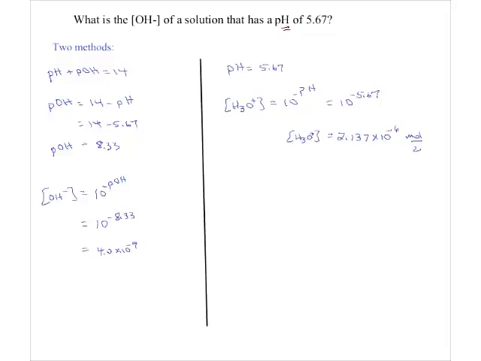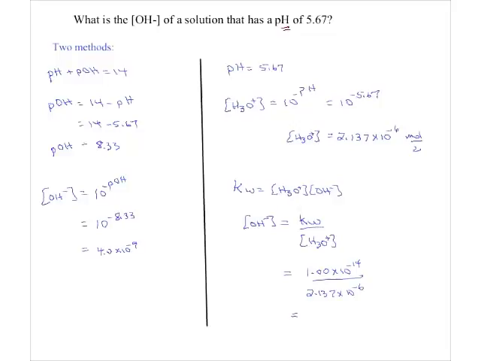Now I can go back to my last lesson and do the Kw calculation, because we know Kw is H3O plus times OH minus, and therefore now we can find OH minus, because it's going to be Kw over the H3O plus. And we should get the same answer. Remember that Kw is 1 times 10 to the minus 14, divided by 2.137 times 10 to the minus 6.